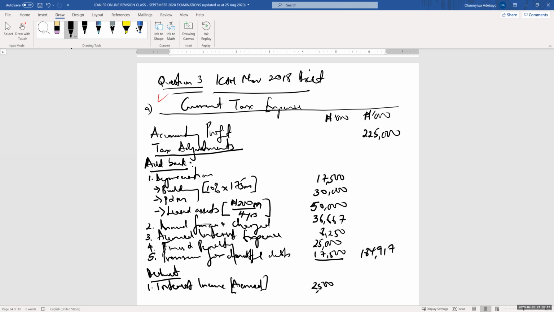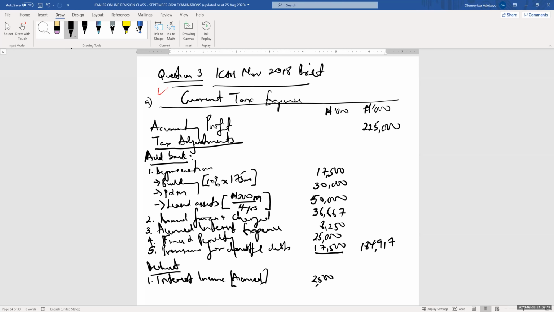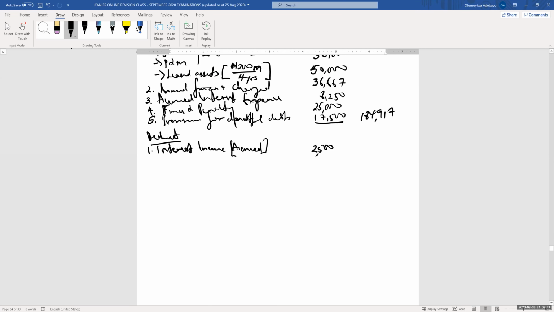Okay, what about lease rentals? Remember that we disallowed depreciation on the lease and disallowed finance charge on the lease, but what will now be allowed in lieu of those two items is the lease rentals. Annual lease rentals, I remember the annual lease rental was 72 million, all figures in thousands.